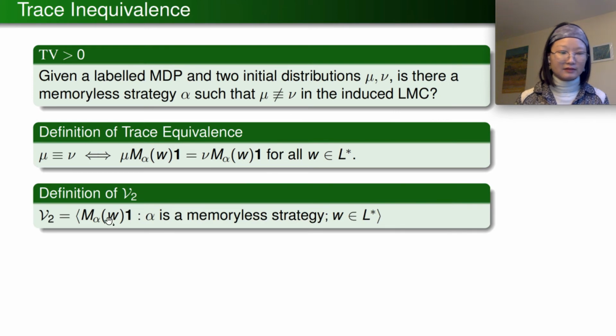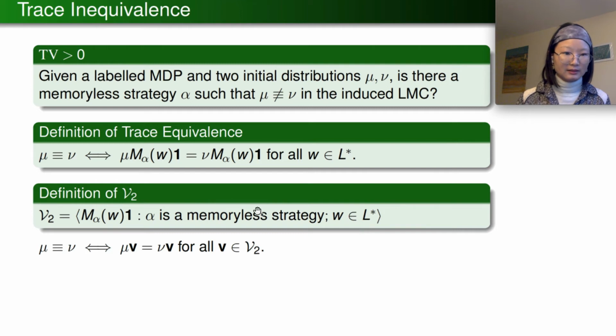Let's define a vector space V2 in which all vectors are of the form M alpha of W times 1. Alpha can be an arbitrary memoryless strategy, and W can be an arbitrary finite trace. Then we can rewrite the definition of trace equivalence to be mu V is equal to nu V for all column vectors V from V2.